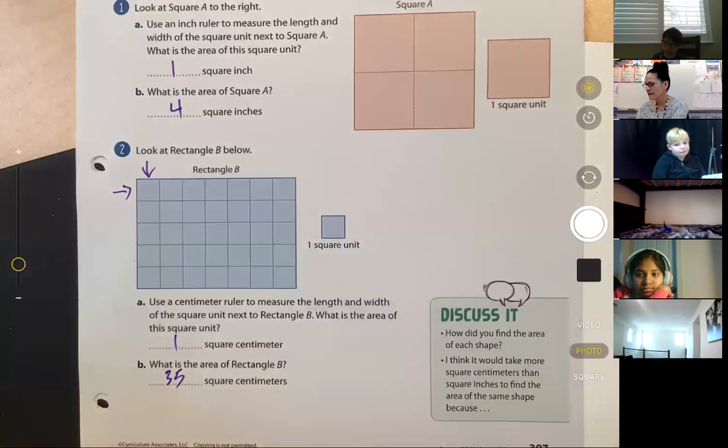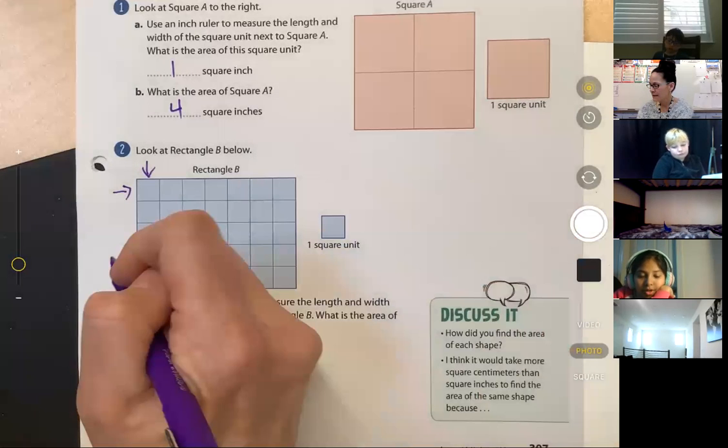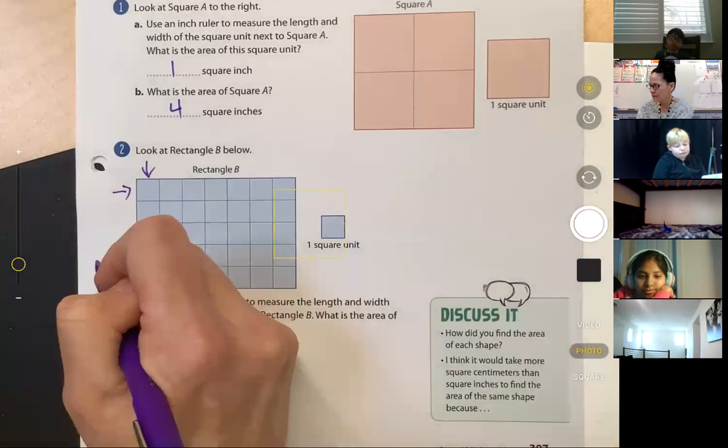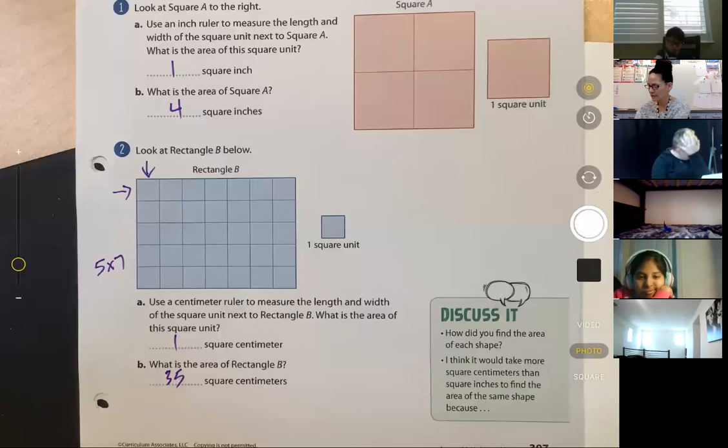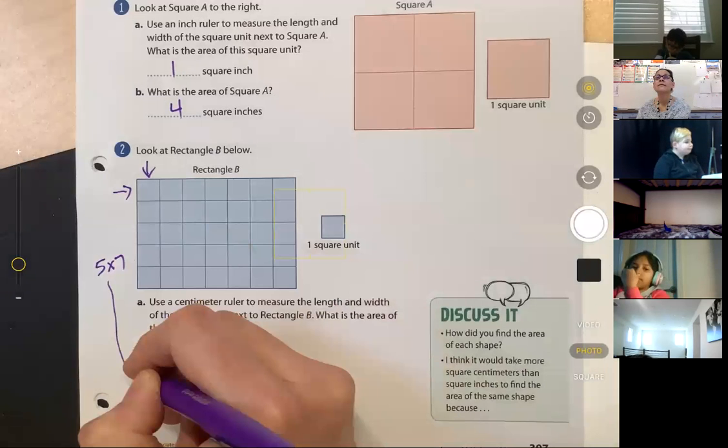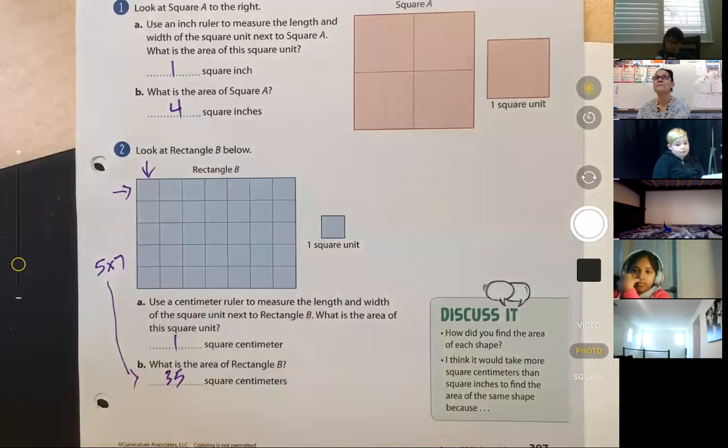Students also see later on that they can build a multiplication expression instead of forward counting. So they can see that they have 5 rows of 7, which also equals 35. Again, more on that later.